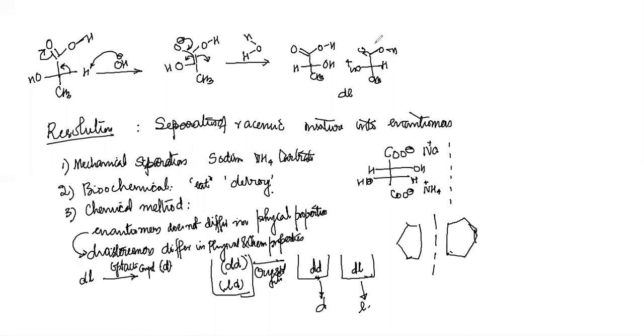Let me give you an example for this. That is important. So we have DL lactic acid again. You take the DL mixture, and into that you add an optically active compound known as L-brucine. It's a natural product.